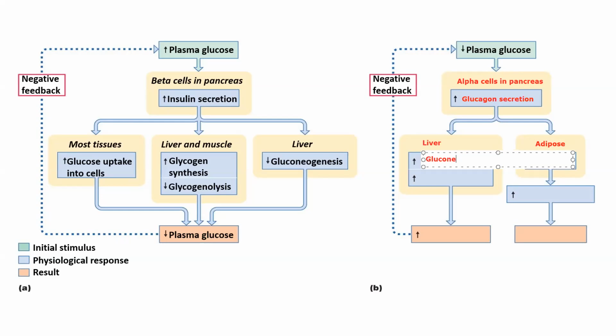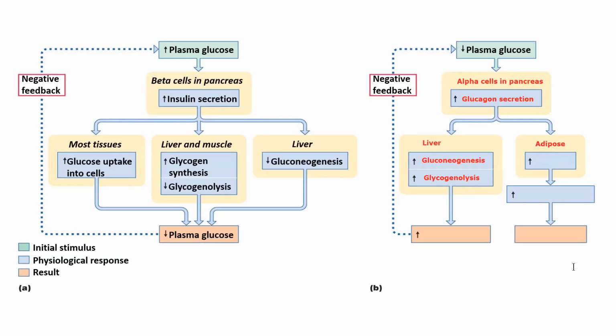So gluconeogenesis, which is using other molecules such as fats and proteins to make glucose. And then glycogenolysis, which is breaking down glycogen to liberate glucose, right? So the big picture here is we're making glucose, either from other sources or from glycogen itself.